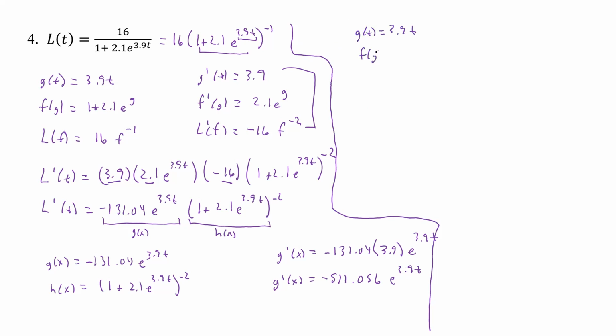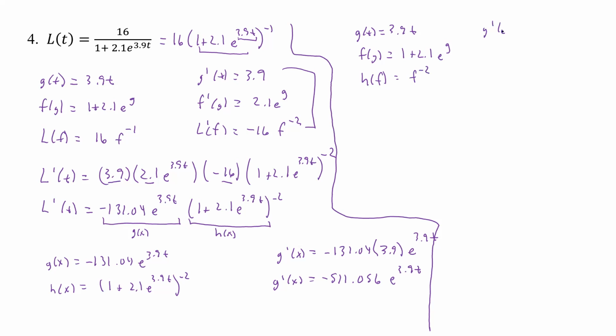My f of g is equal to 1 plus 2.1 e to the g. And let's do h of f because I want to get to the h derivative. So we're going to call it h of f, and that's going to be f to the negative 2.